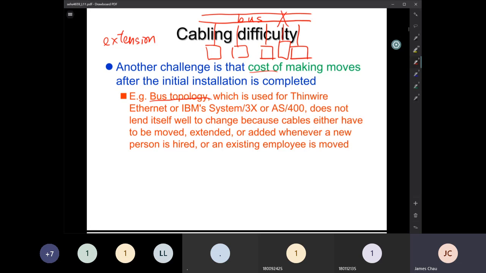Therefore, we introduce to you the structured cable so that it can make the installation of new systems feasible, and also when we replace the systems, we do not need to replace the whole cables, and this is our goal.